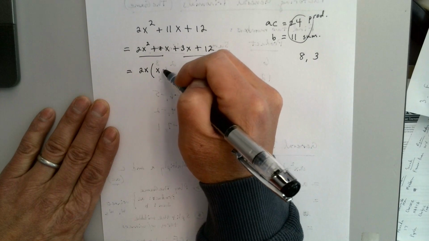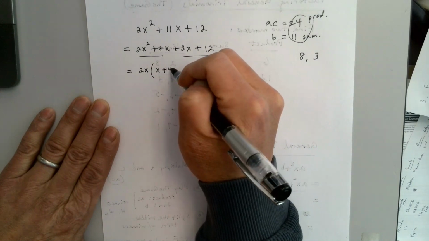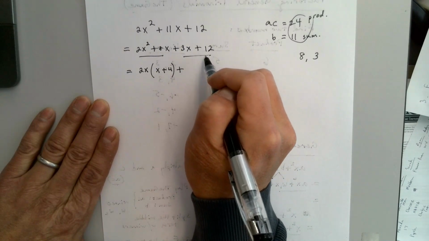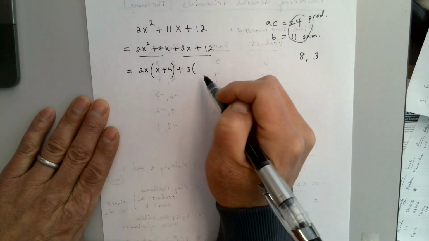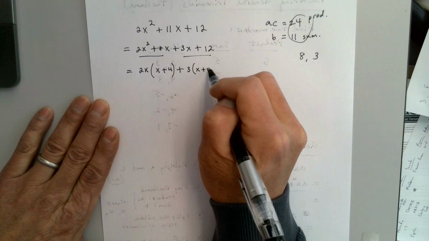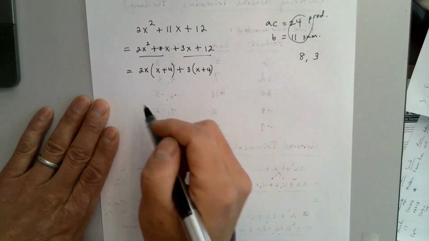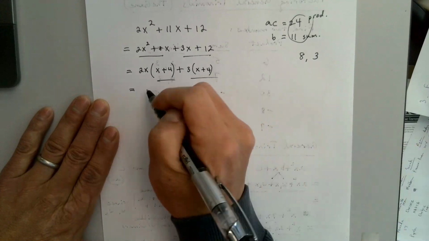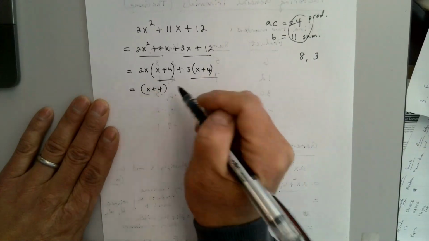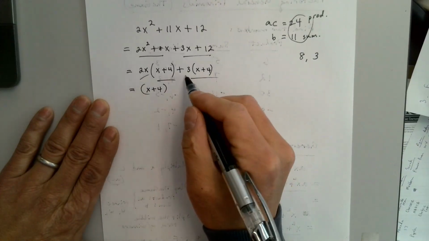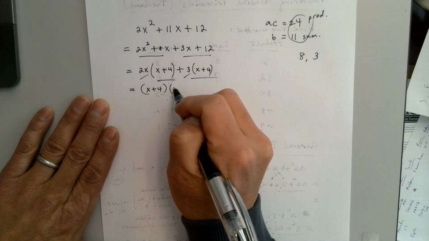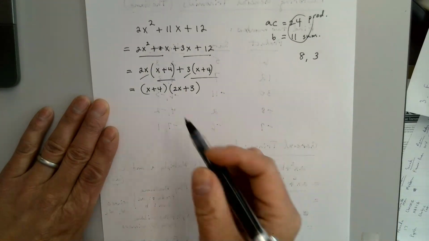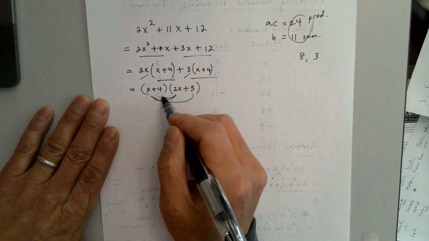Left over, x plus 4. GCF here, 3. Left over, x plus 4, so I know I did it right. Big GCF, x plus 4. Left over, 2x plus 3. I'm done, and if you want to double check it, you can FOIL it.